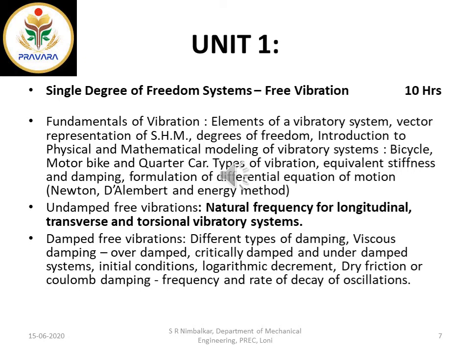These people have given certain governing equations for this motion, and according to those governing equations, we should be able to find out the natural frequency. There are also various types of vibrations as mentioned in the next line: damped vibrations, and natural frequency of longitudinal, transverse and torsional vibratory systems. These are all the types of vibrations we will come to know in unit number 1.